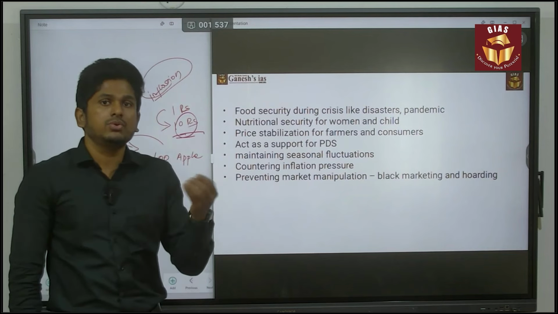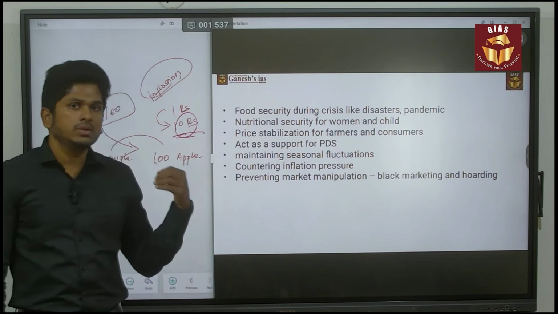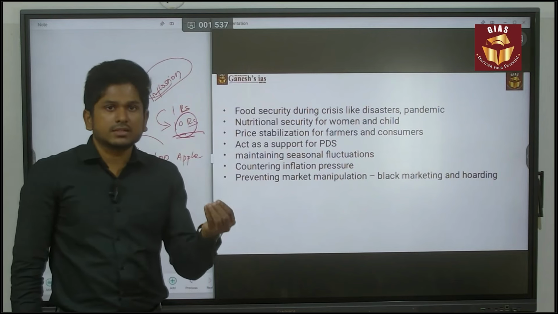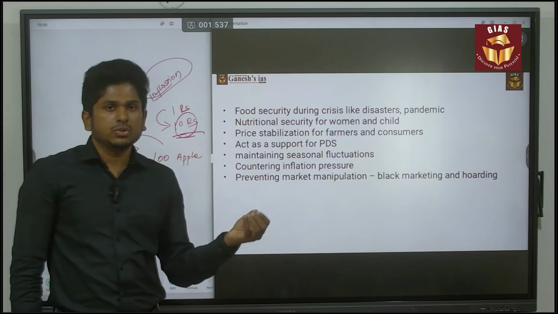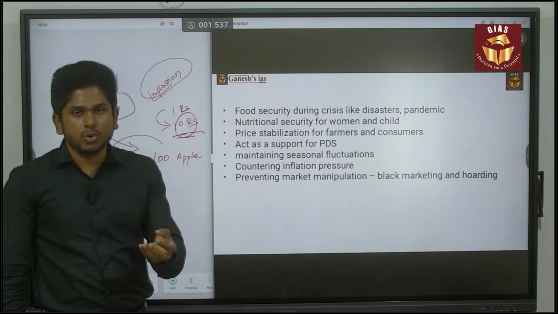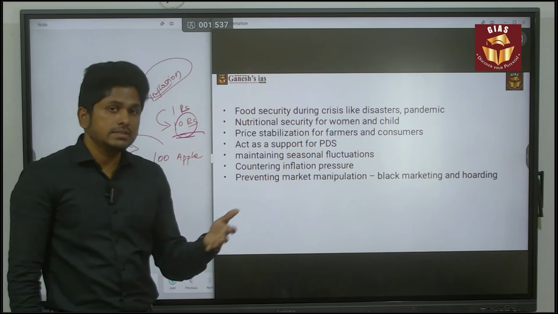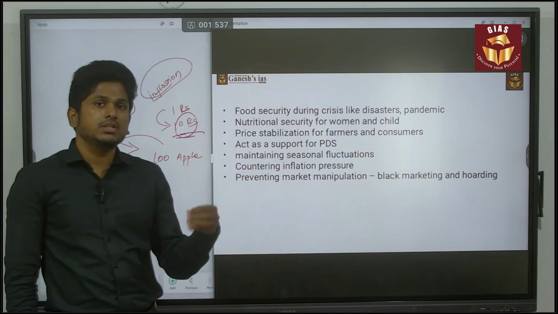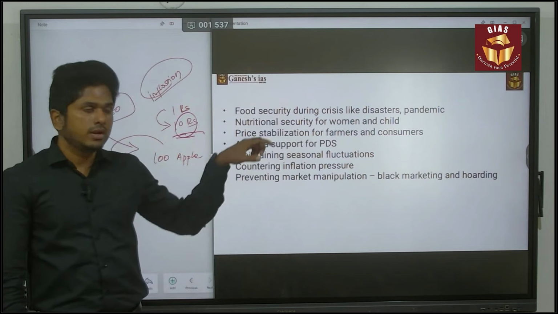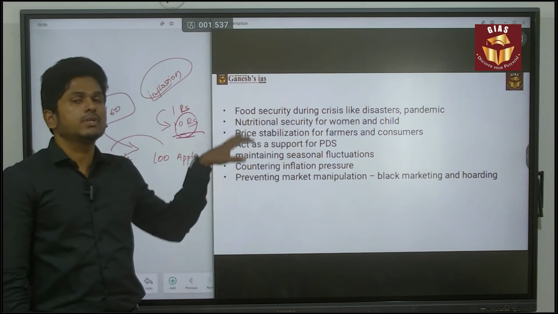In Tamil Nadu, they are providing millet-based powders through the PDS system. That is how they are focusing on nutrition also. So nutrition security is also provided by buffer stocks.